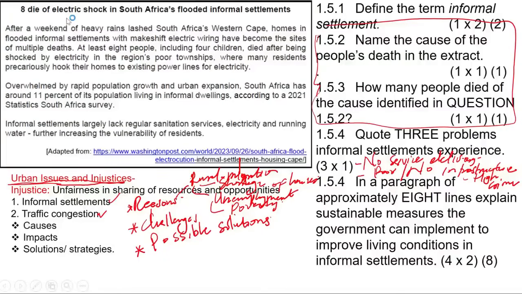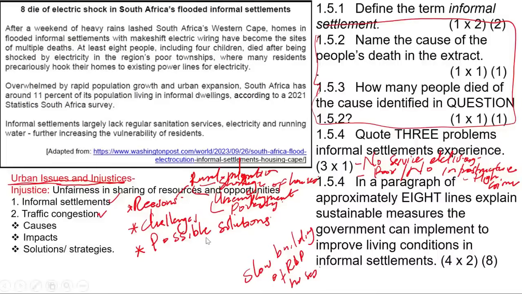When you look at those houses, you can see people are employed, but there were no houses available for them, so they built houses for themselves. So another reason is the shortage of houses, and also the slow provision of RDP houses.